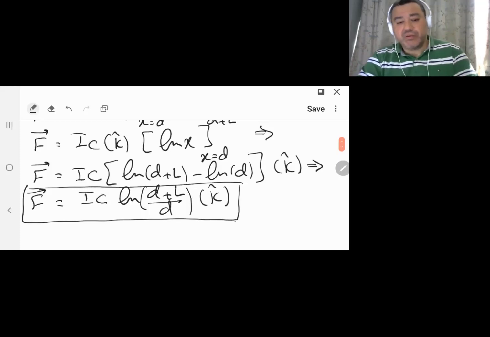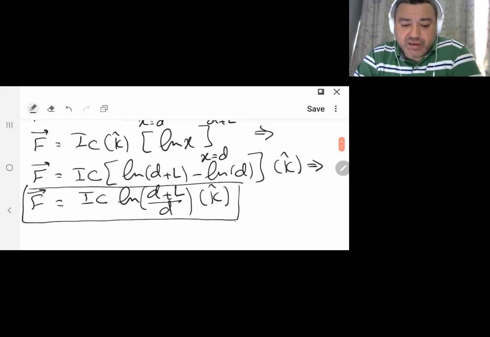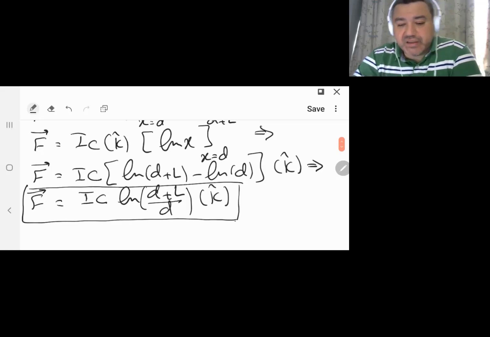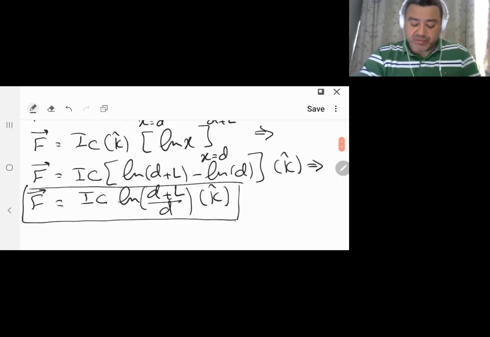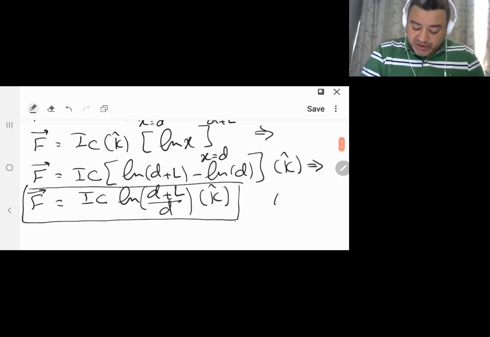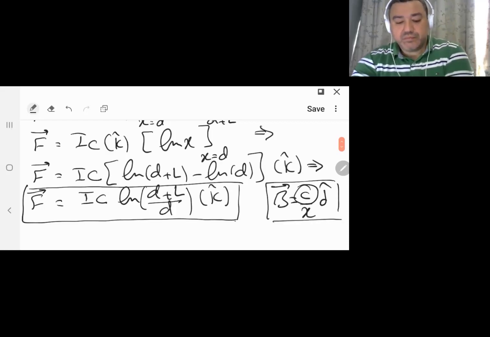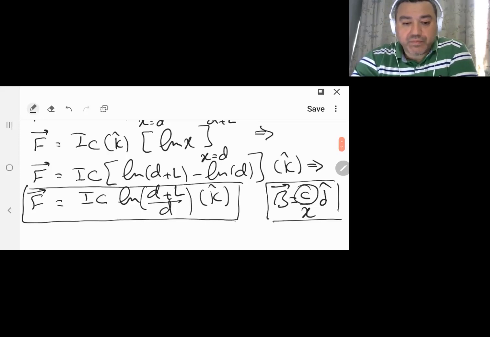Any question about how we calculated the net force on that wire? C is a constant coming from the magnetic field. We said that the magnetic field is given as C over X. C is a constant. Any other questions before we move on?